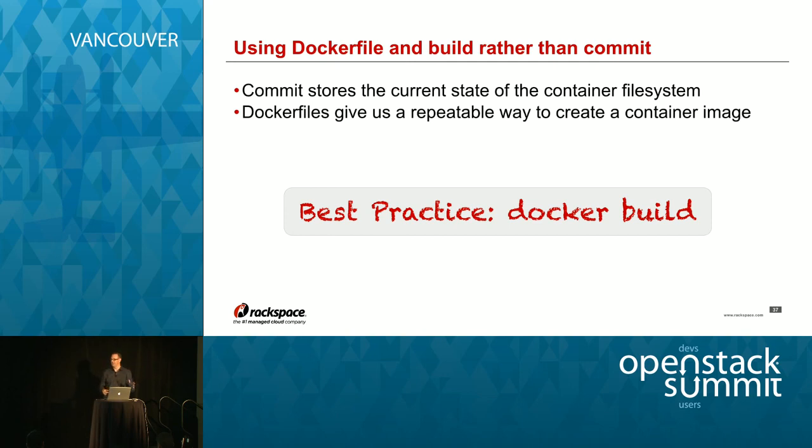That's generally a bad idea. If you have a Docker file, you have a way to create the image the same way every time, repeatedly. And that's what I would recommend. And I would recommend putting the Docker file, if it's for an app, right in the code repo with the source code.